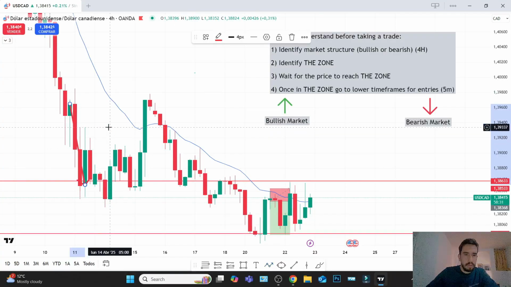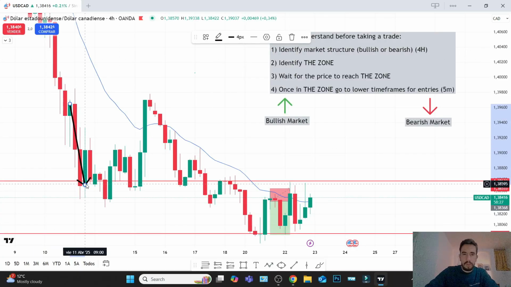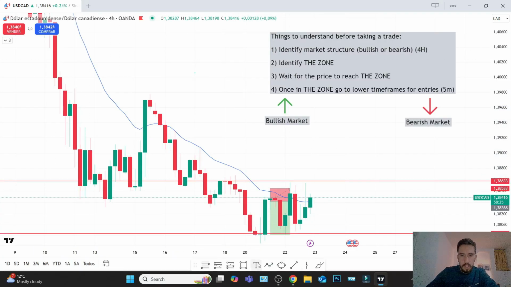Oh wait, I need to change the color of this. Yeah, let me just start again with that. So higher low, lower low. Why lower low? Because it's going down. At this moment the market is bearish.